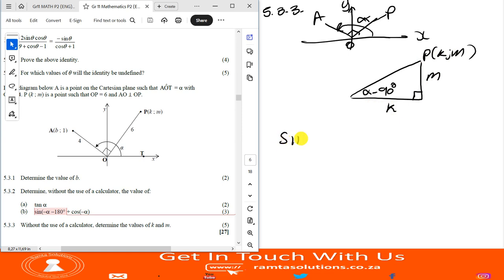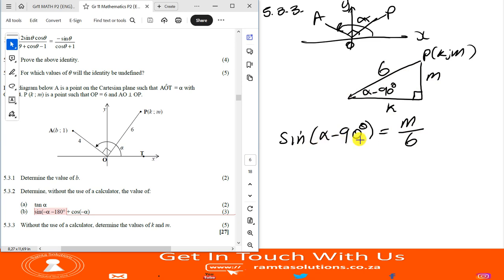Sine of alpha minus 90 degrees is equal to what? Oh, by the way, this guy was 6. So sine is opposite over hypotenuse, which is M over 6.